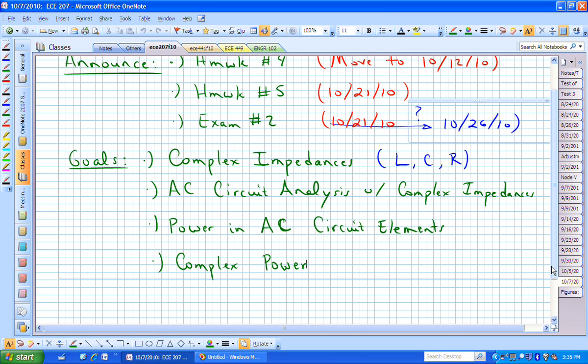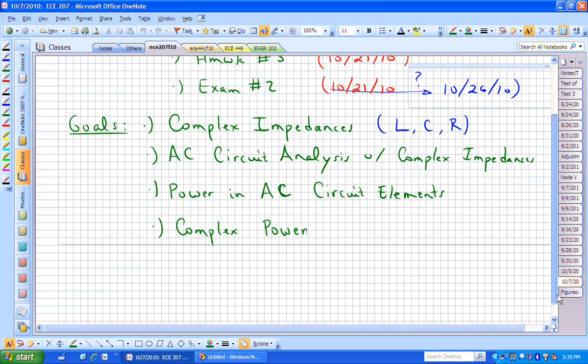Meaning power now will have a real part and an imaginary part. Their complex sum becomes complex power. And it's important to actually know that you might have a reactive component to the power that you're dealing with.